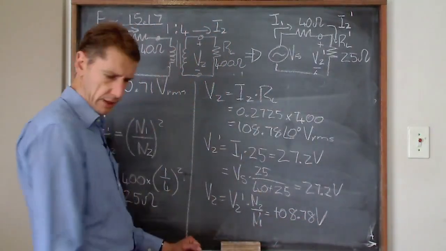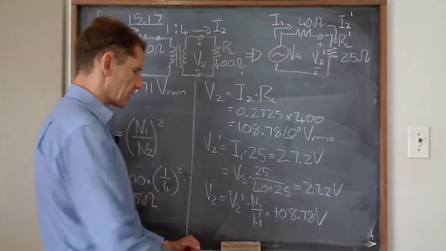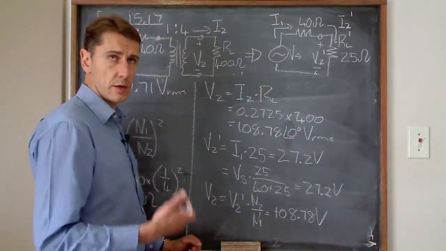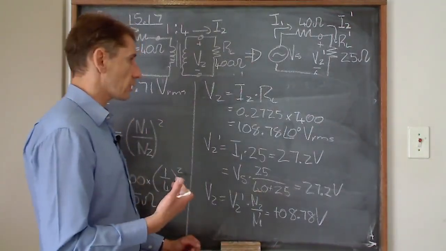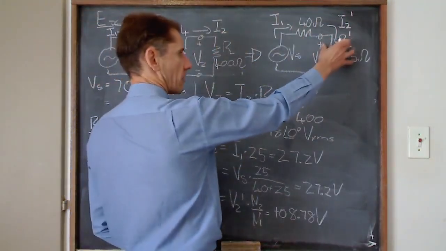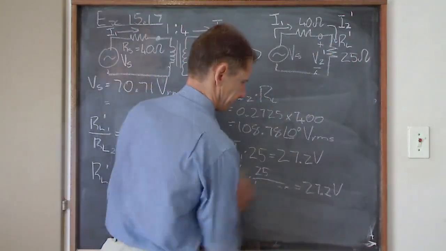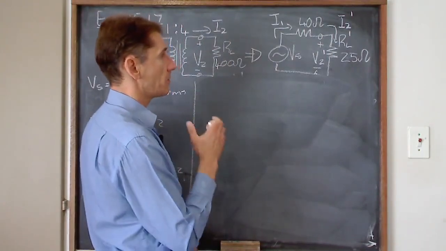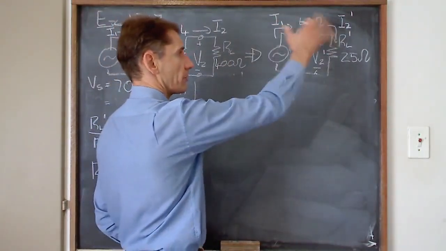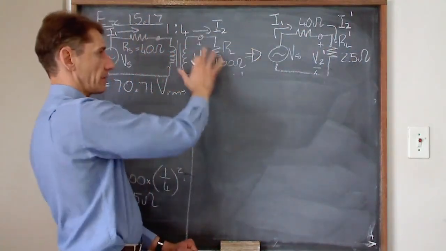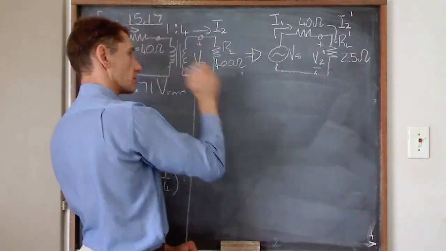So that's the other way you could have gone about getting V2. Last thing, we've got I2, I1 and V2. Now we want to calculate the power for the referred scenario in the load resistor and for the original scenario. Let's do the original scenario first.